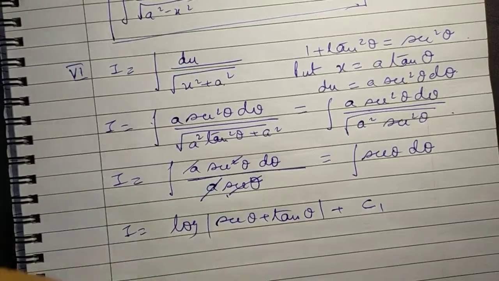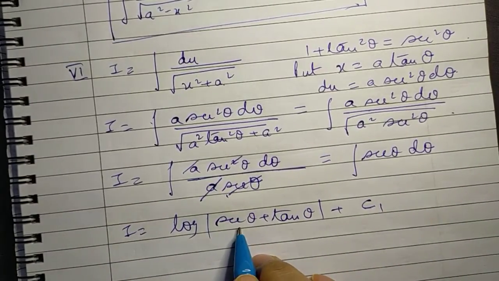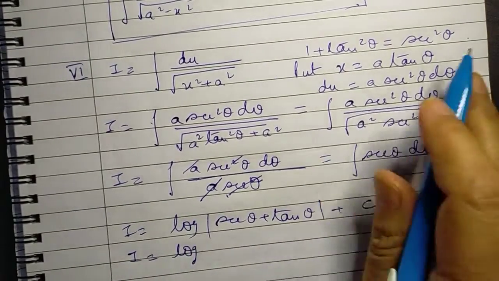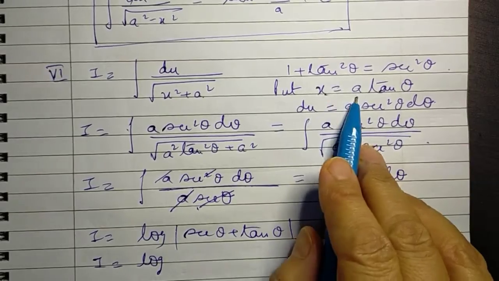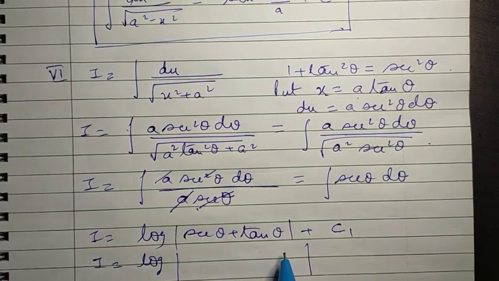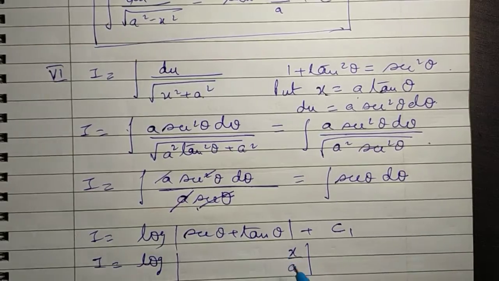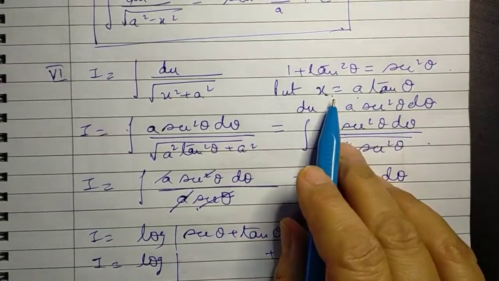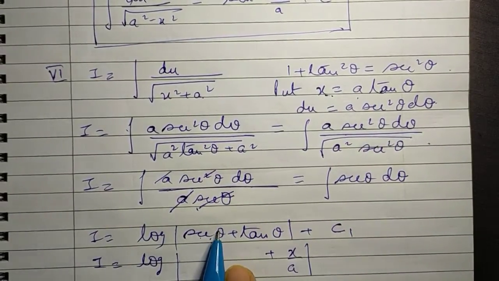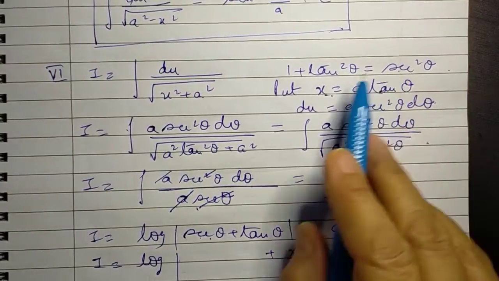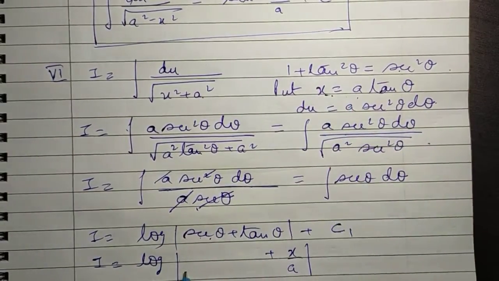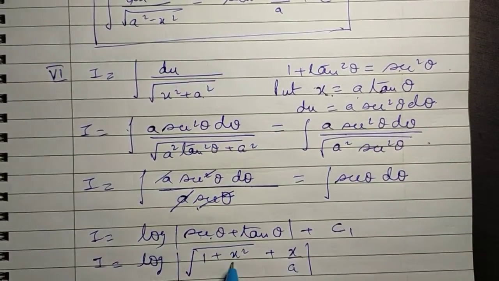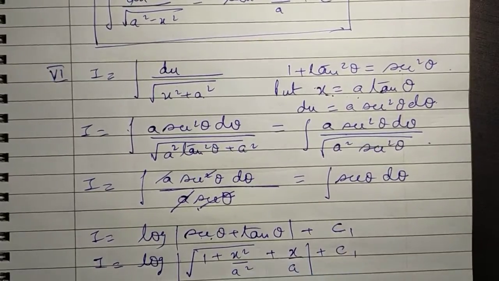Now proceeding exactly as in the fourth result, we start substituting back. So what do we get? I is equal to log of, here tan theta is x upon a, so in place of tan theta we write x upon a, plus, now sec theta is to be substituted back. Sec square theta equals 1 plus tan square theta, and so you will have square root of 1 plus tan square theta, that is 1 plus x squared over a squared, plus a constant.